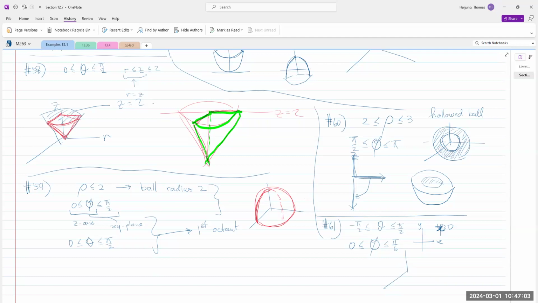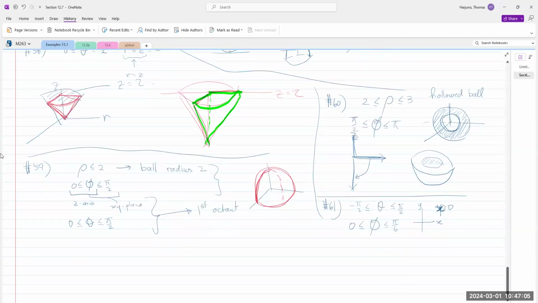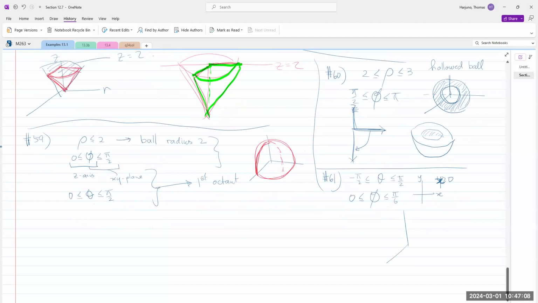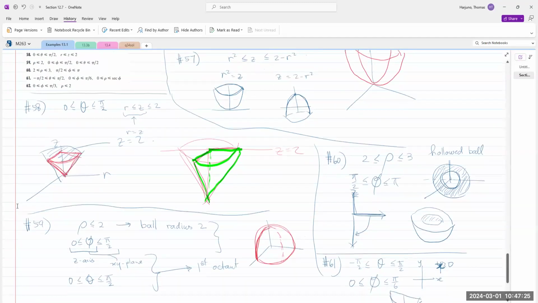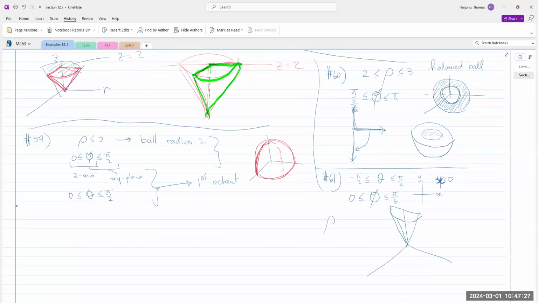Let me make it bigger. We only take the part where x is positive. And then the last part is rho is between 0 and secant phi.